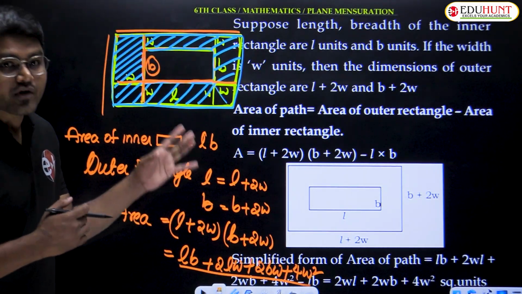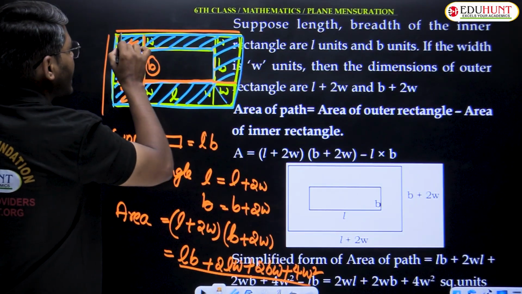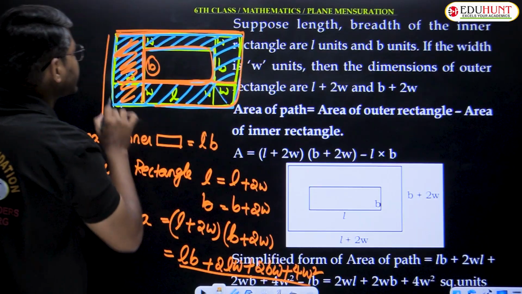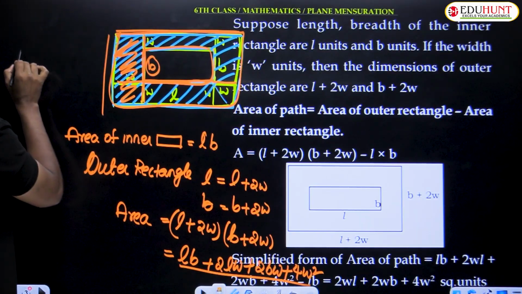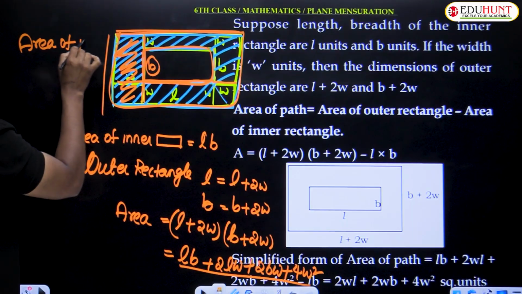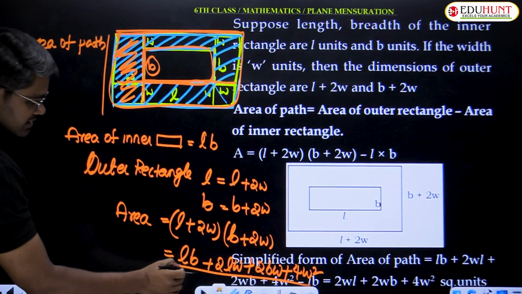Now what we have to do? If I want this area, I have to subtract this smaller rectangle from the outer rectangle. Now area of the path is equivalent to this area.